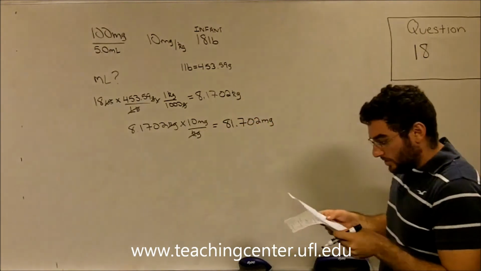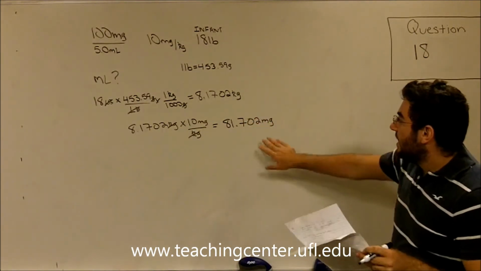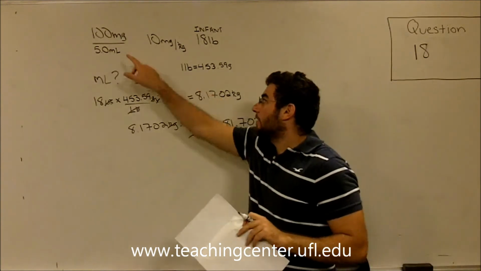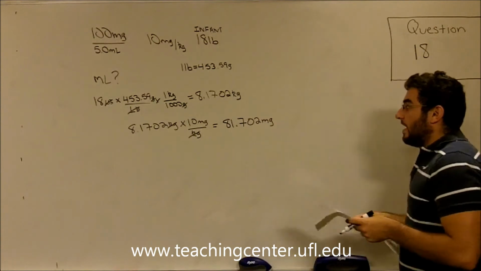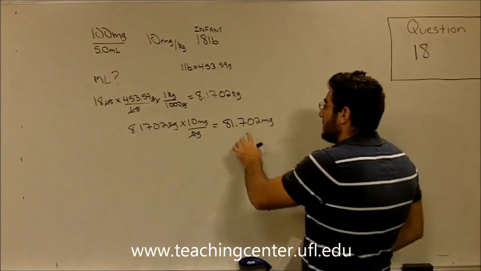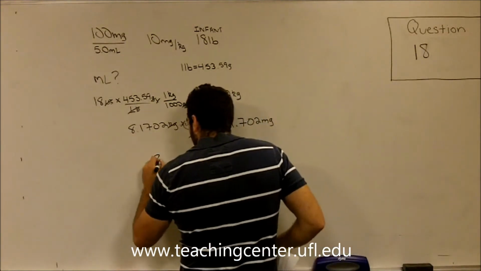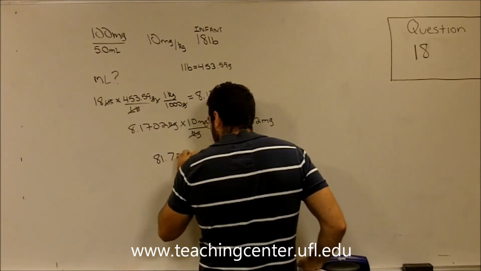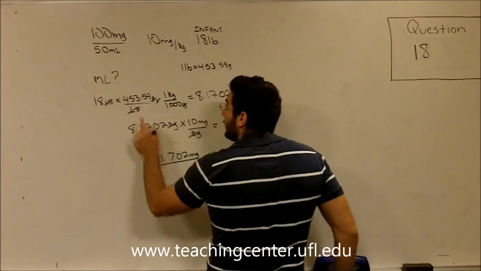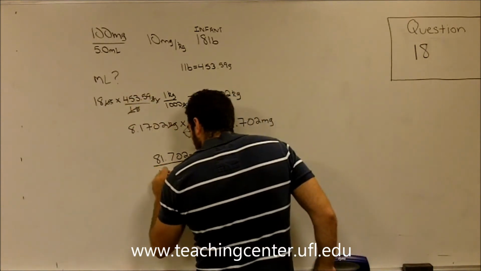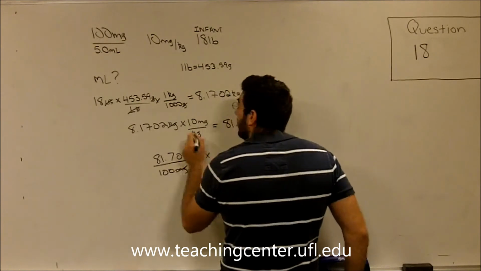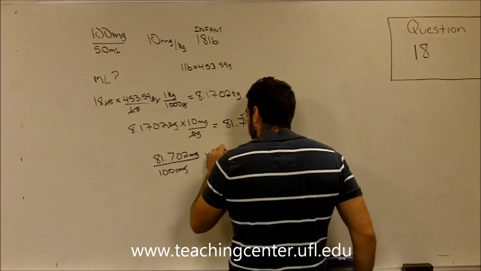The last thing we do is we know that we have 81.702 milligrams, and we know that we have 100 milligrams per every 5 milliliters. So what I did was I took 81.702 milligrams and divided it by 100 milligrams and then multiplied it by 5.0 milliliters.